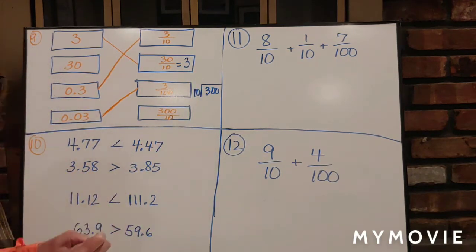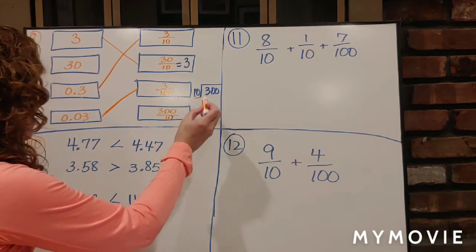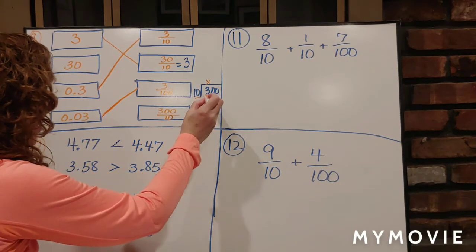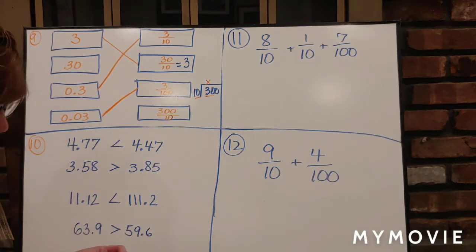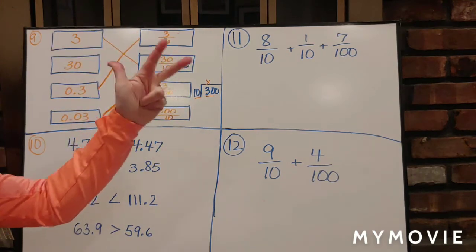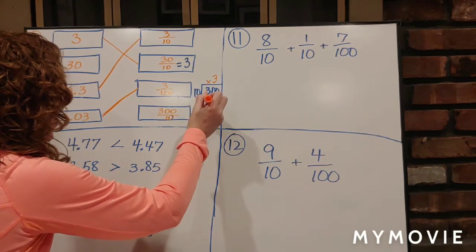Now this is bigger numbers than we're used to, but it's no problem. Does 10 go into 3? No. Does 10 go into 30? Yes, 10, 20, 30. That's 3. 3 times 10 is 30.